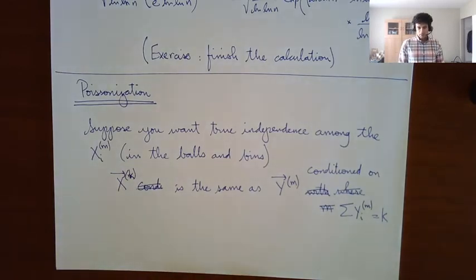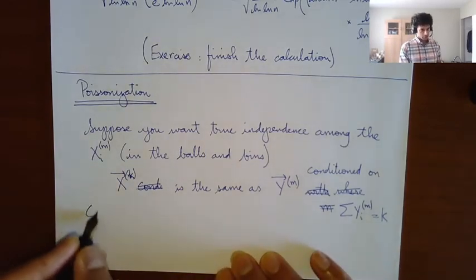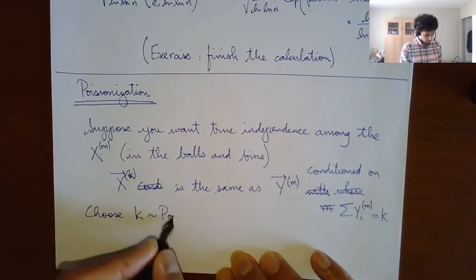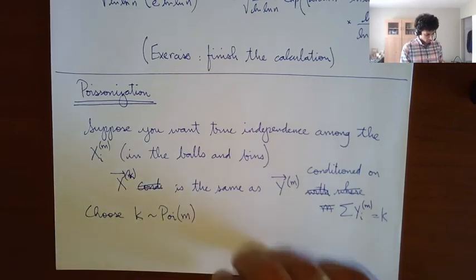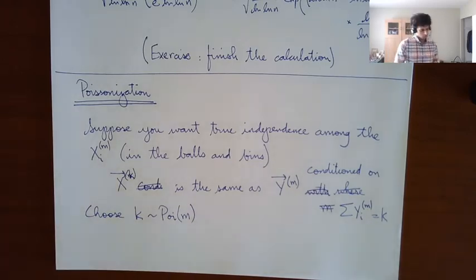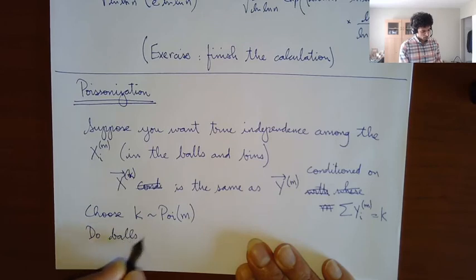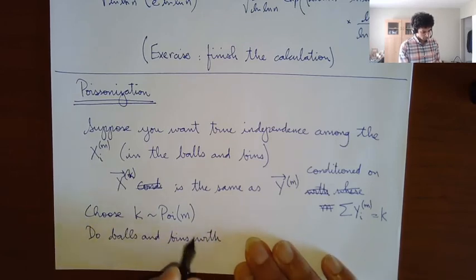And the Poissonization trick is to say, choose k from a Poisson with parameter m, and then do balls and bins with k draws.